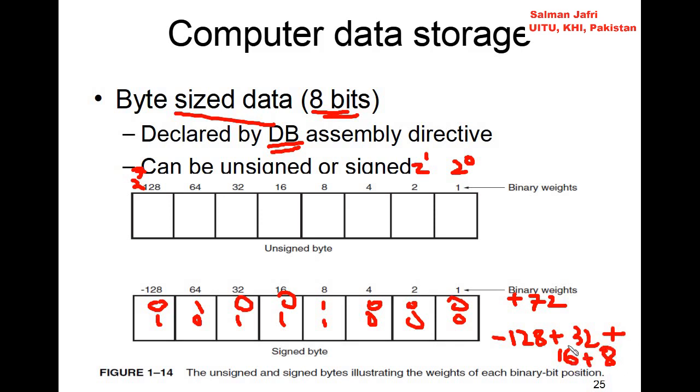Okay, let's add all these numbers together. So this total comes out to be minus 72. So this was the original number, which was plus 72. When we took 2's complement, we got this number, which is minus 72.